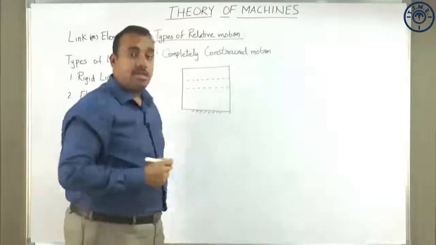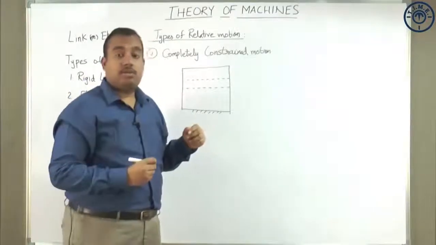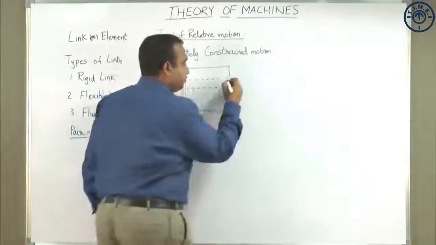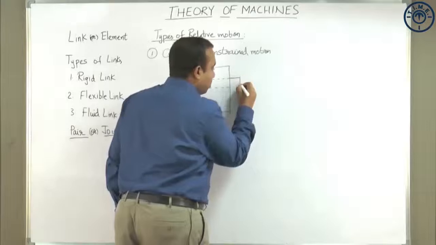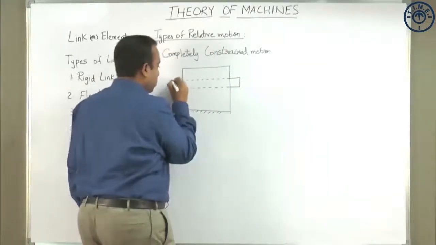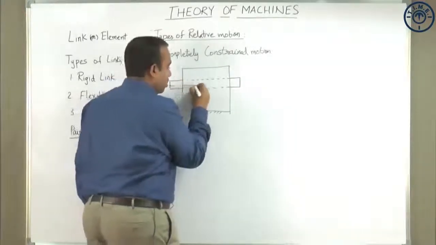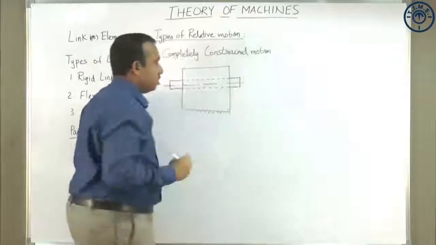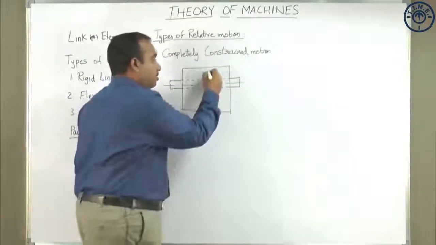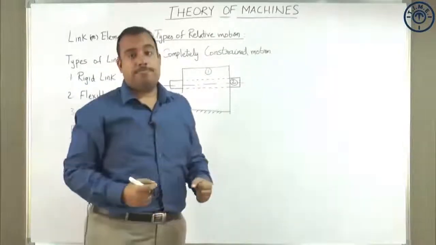And a rectangular cross sectional shaft is moving inside this rectangular cross sectional hole. Now, let this be link 1 and let this be link 2. A link can have any shape.